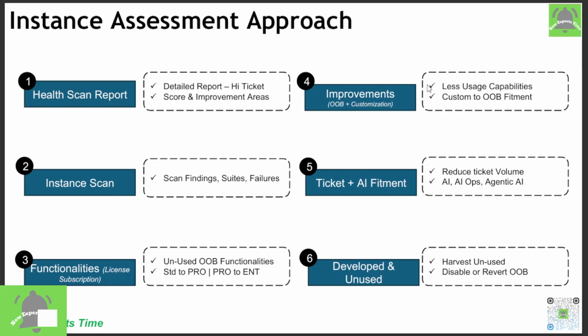And number two: if the customer is using a standard license, the standard license has limited capability. You should recommend moving or upgrading from the standard capability to a professional or enterprise capability. Why do we need to upgrade? You should justify this: these are the functionalities, and these functionalities are definitely going to support our business environment. This will give you a magic in the platform.